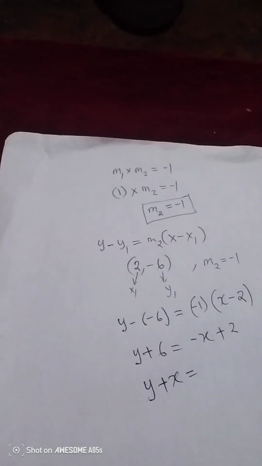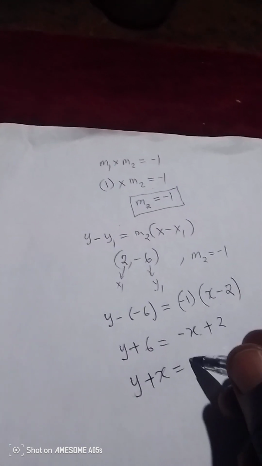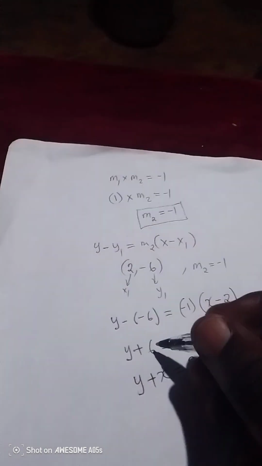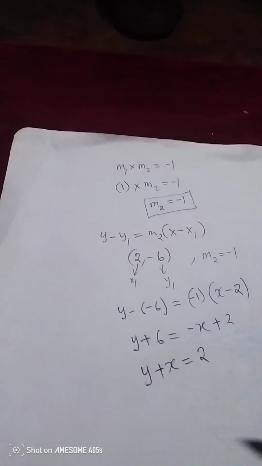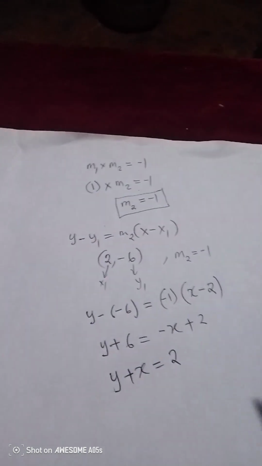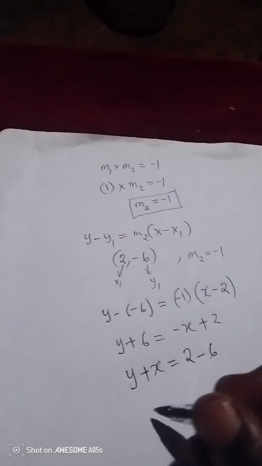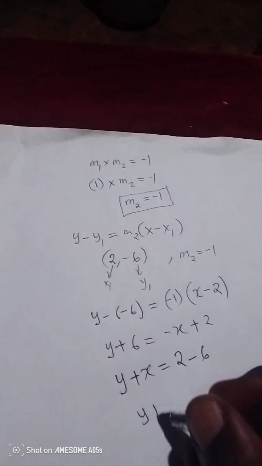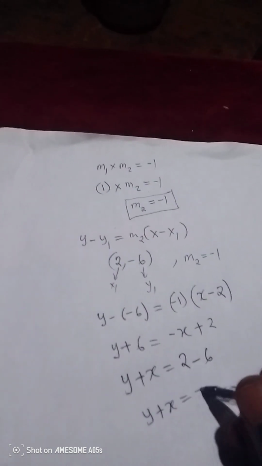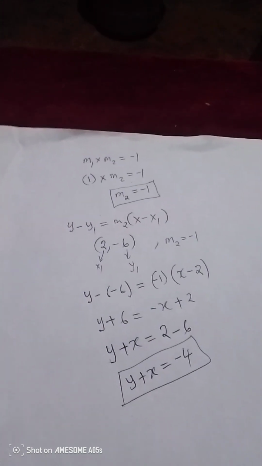Then I'll bring the 6 this side, so there is already a 2, it has not crossed the equal sign, so I maintain it. This one, we find the additive inverse, which is negative 6, or we simply say 6 goes this side to find negative 6. At this point, we have y plus x equals negative 4. And this is the equation of the normal.